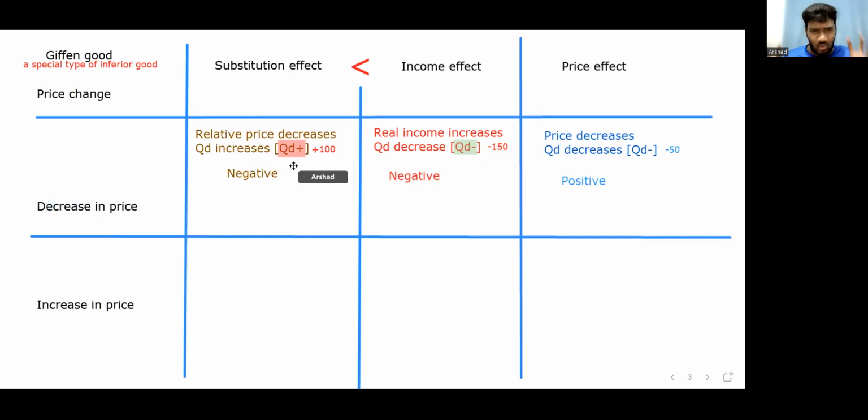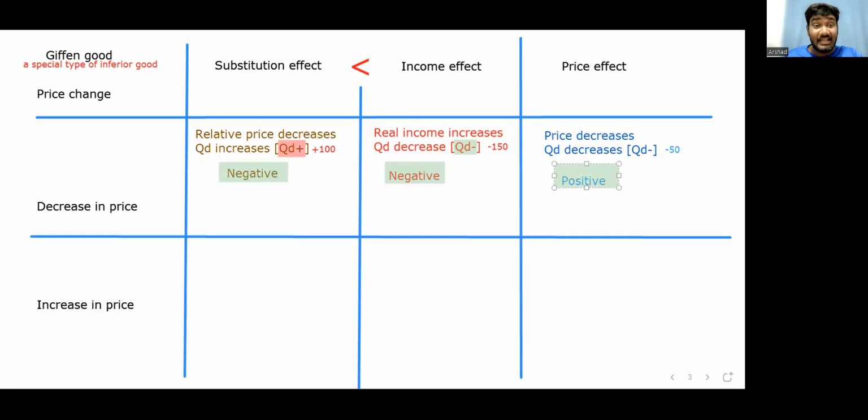Let's say there are two goods and the price of one good decreases. That means relatively that good is cheaper, no? So its relative price also goes down. That is what relative price means: the price of the good compared to another good. Remember that.